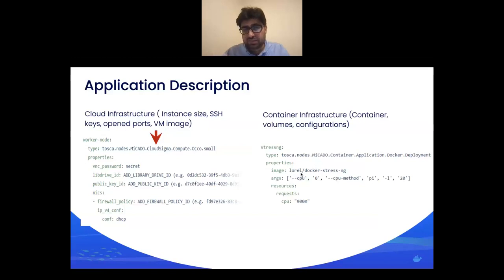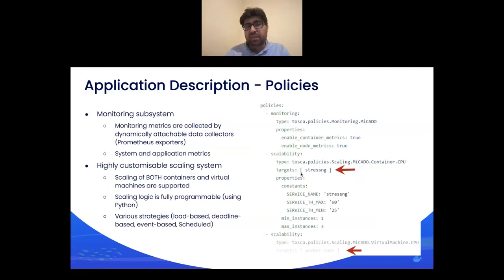Further on, the two key important aspects are the monitoring policies, like the monitoring subsystem, and the customizable scaling provided by the MiCADO system. For the monitoring system, the users have the facility to turn the container metrics and the worker node metrics on and off from the description.